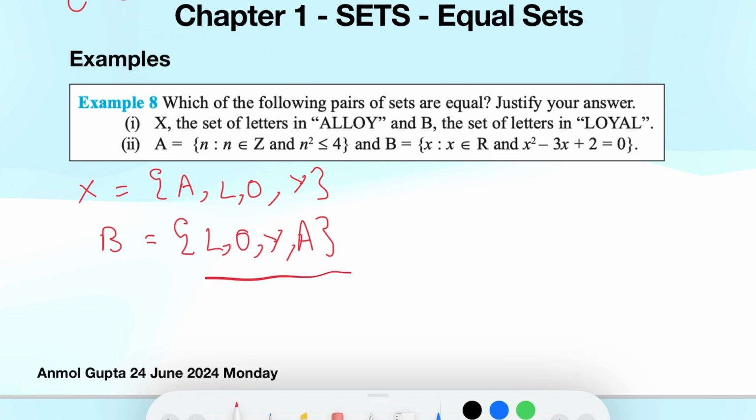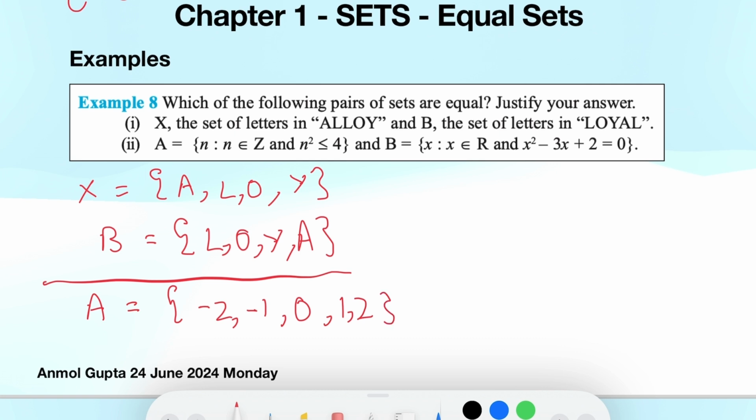So we can write A as minus 2, minus 1, 0, 1, 2.